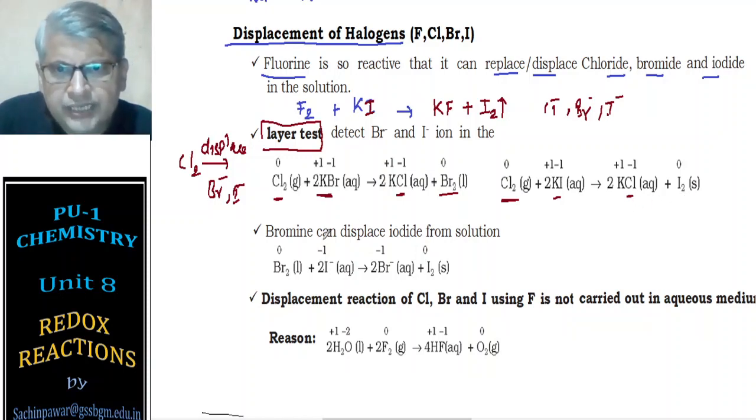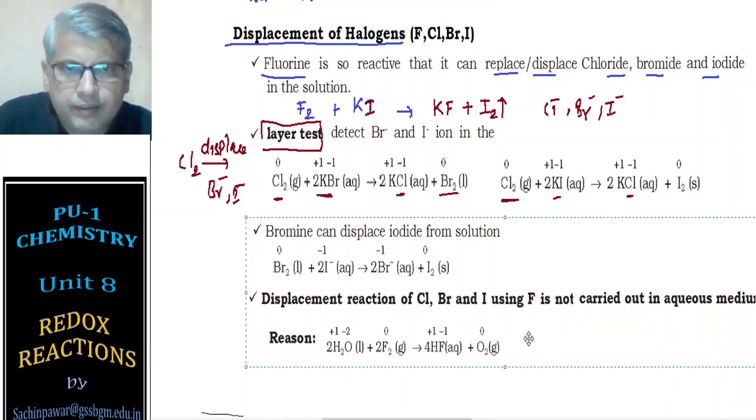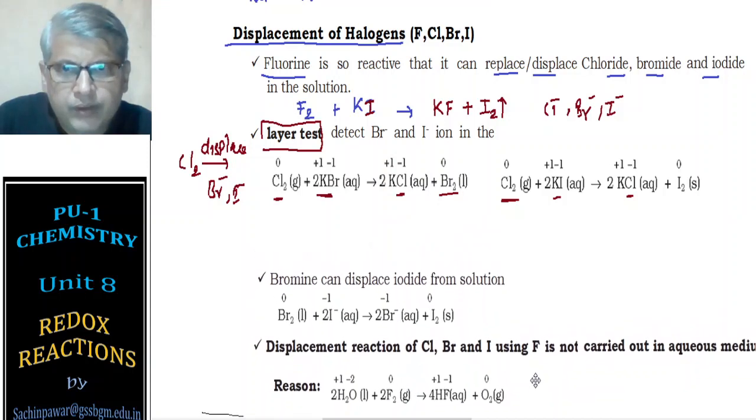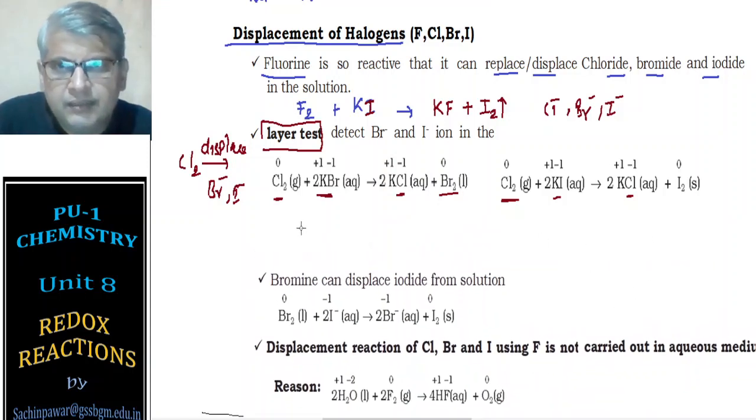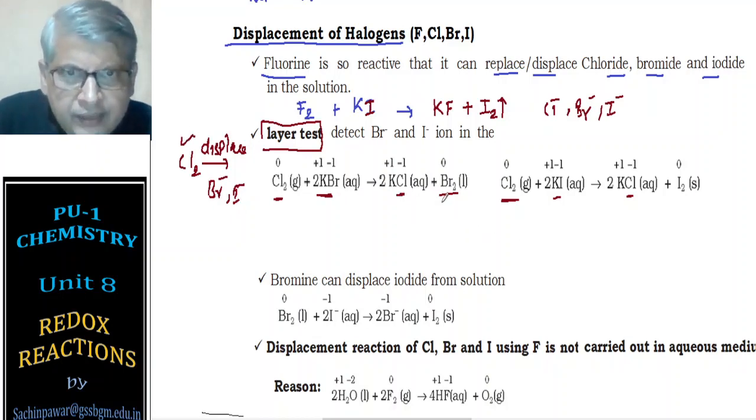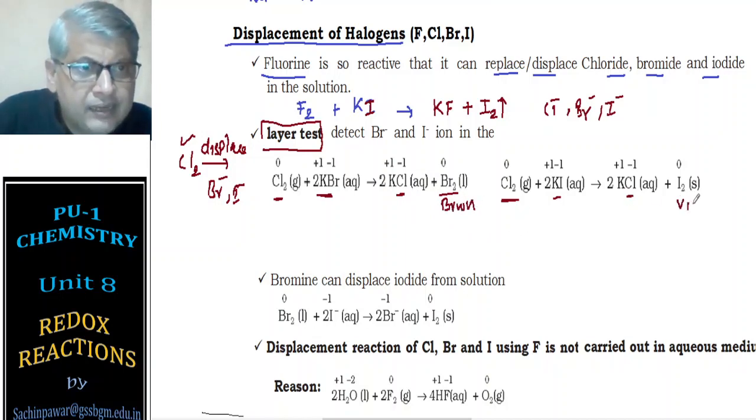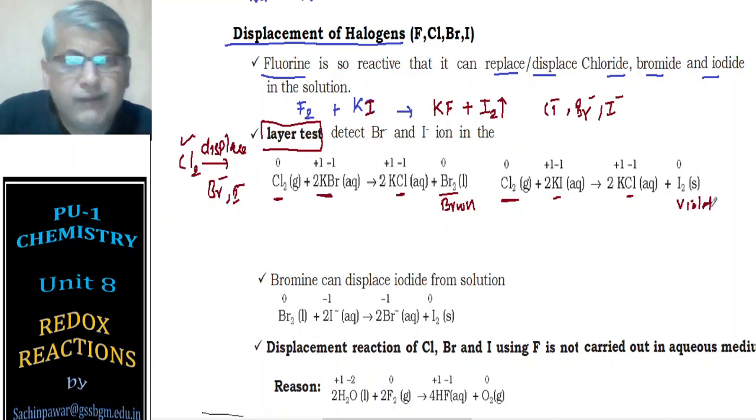So here you see what is happening. There is a displacement of halogens. Okay, now here there is one thing you must know. Displacement of bromide and iodide by chlorine. Bromine is a brown colored gas and iodine is a violet colored gas.